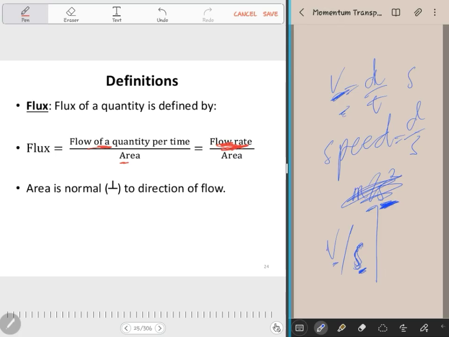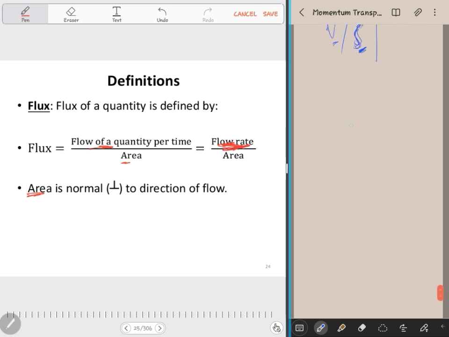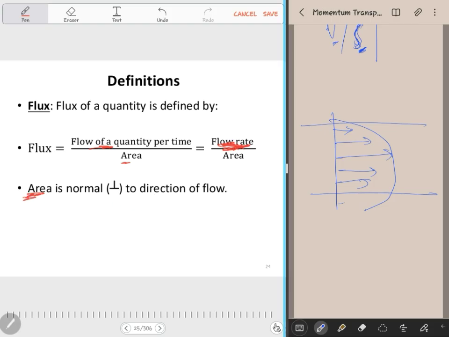Okay, and they're saying that the area is always normal to the direction of the flow. Then again, let me draw this diagram. Remember I said this, like I'm drawing it again. You see something like this. So this would be a velocity profile, something like this, right? They are saying that the area is normal to the direction of flow.